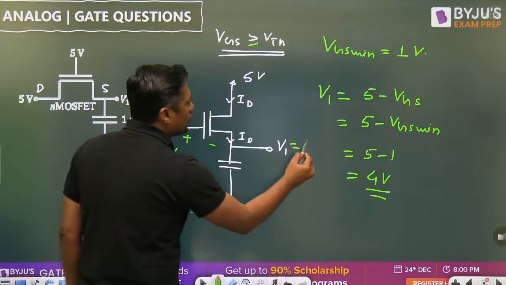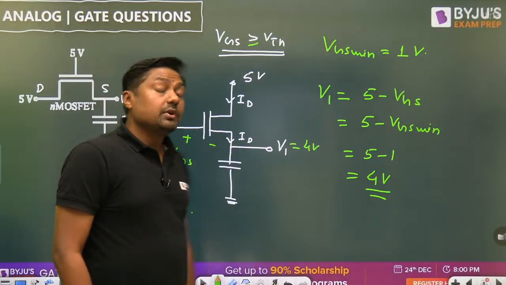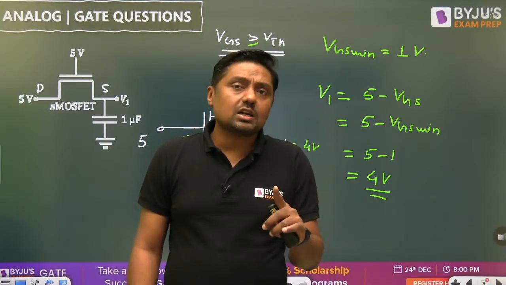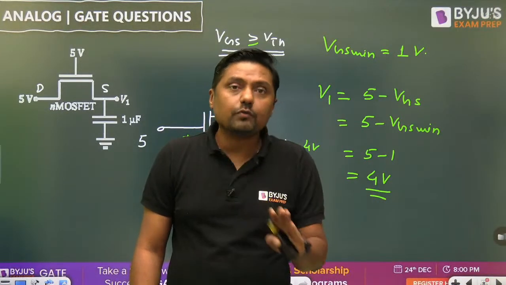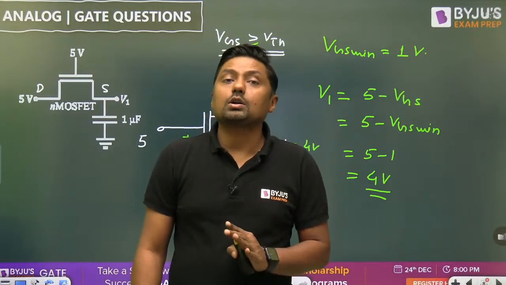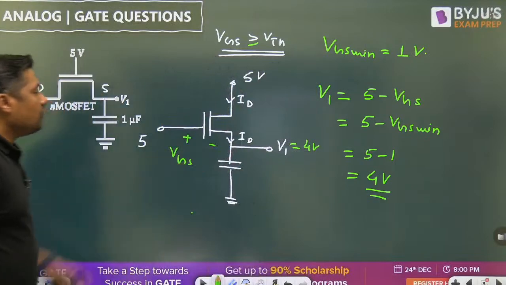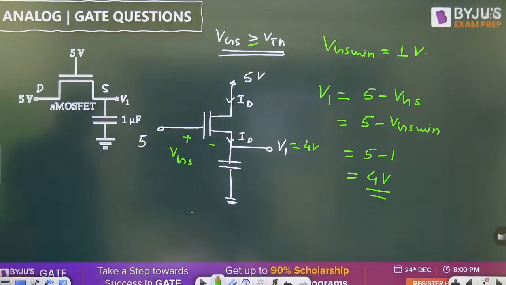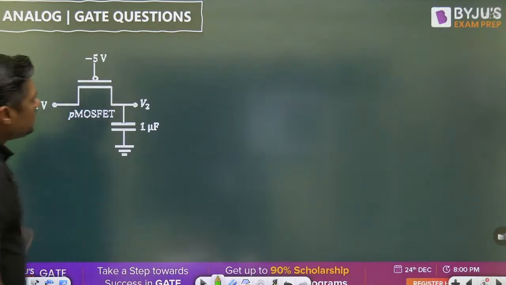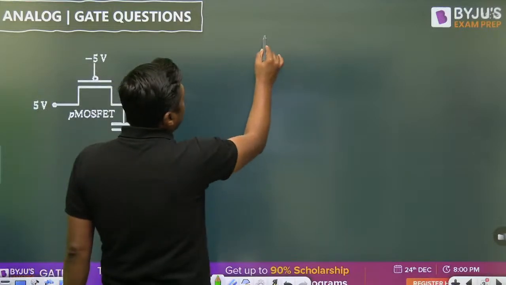So V1 is 4 volt. It means the capacitor charges up to 4 volt. Once the capacitor charges up to 4 volt, the MOSFET will be in cutoff, right? And that's why the maximum voltage here is 4 volt. Now in case of P MOSFET, or P channel MOSFET, now this is the case.